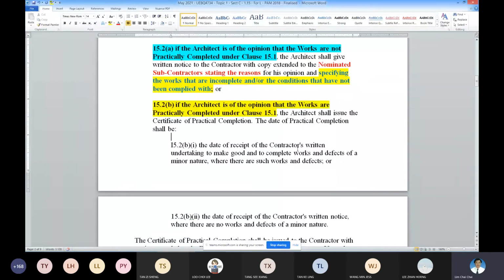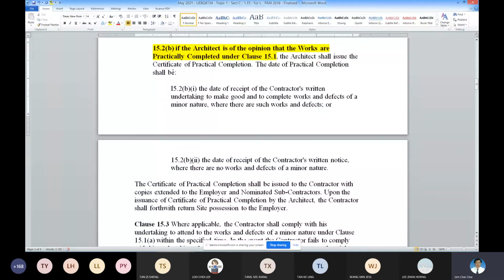So how to date your practical completion is important, because the moment that you submit and also the moment the architect checks would have a certain time frame. It may take 1 week, 1 month, and so on. Okay. So after you have submitted according to clause 15.2, then the architect will make use of clause 15.2a or 2b. Okay.